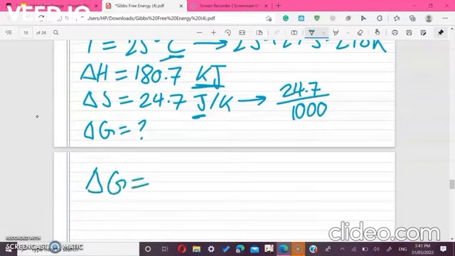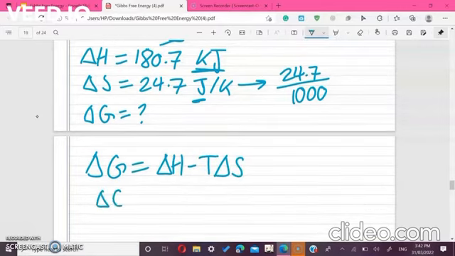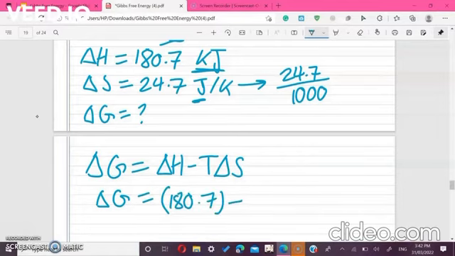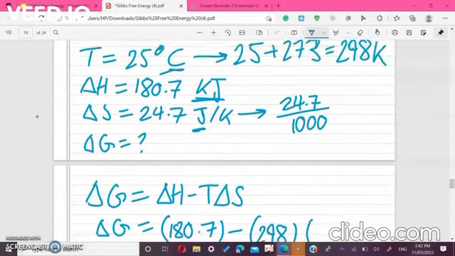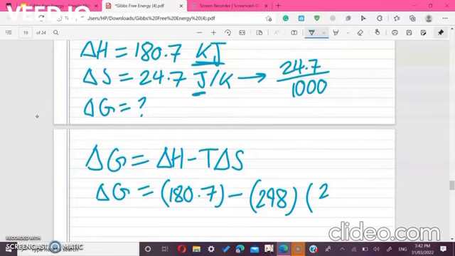Delta G equals delta H minus T delta S. Delta G equals delta H, 180.7, minus temperature, which is 298 Kelvin, and delta S is 24.7 divided by 1000.